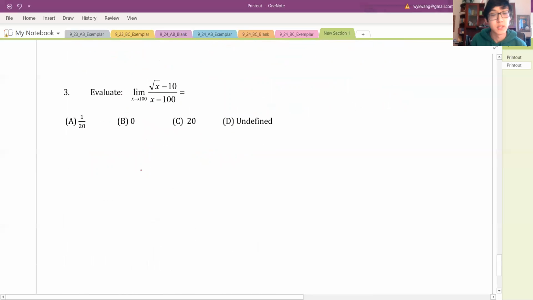This problem was on your quiz, and I'm actually just not going to show you how to do this problem, because it's the same exact concept. Take the derivative of the numerator over the derivative of the denominator, and then just solve for it.